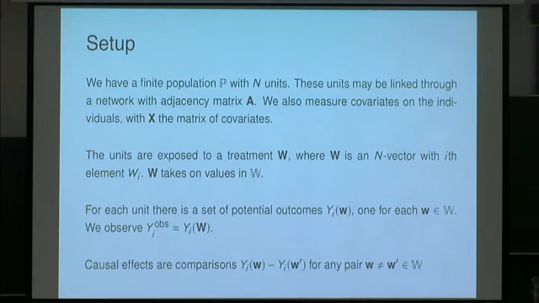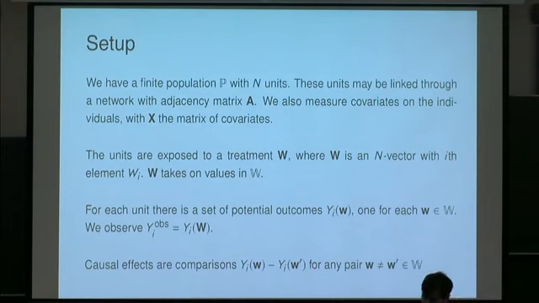Now notice here that I no longer have Y_i(w_i), but in fact, there's a potential outcome for each unit for every possible global treatment assignment vector, right? So we've just had a combinatorial explosion here, right? So then we're still interested in these causal comparisons, these comparisons between potential outcomes for 2 different possible treatment vectors.